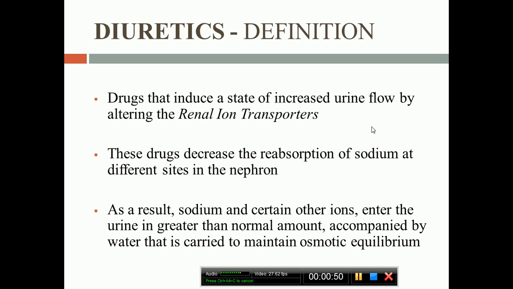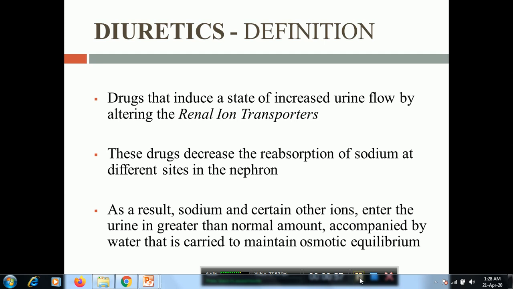How does a diuretic drug do that? Simply because it alters the sodium entry at different sites in the nephron. It increases the sodium output into urine, which is also called natriuresis. Natri comes from natrium, for sodium, and natriuresis is the excretion of sodium in urine.